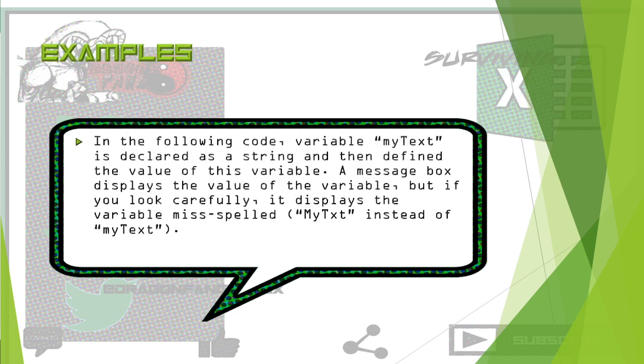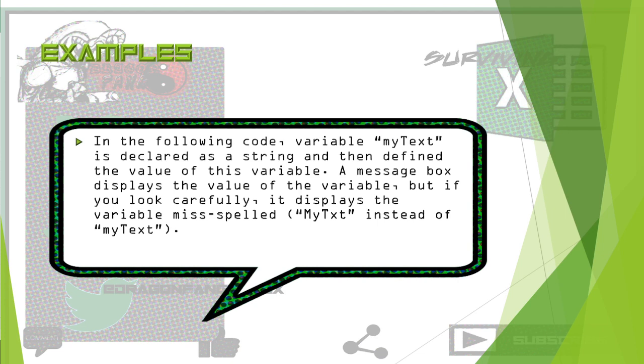So let's talk about an example. Let's say that I have a variable called myText. It stores a string. Now, we're going to do two examples, one without option explicit, one with option explicit. So we're going to see what happens.